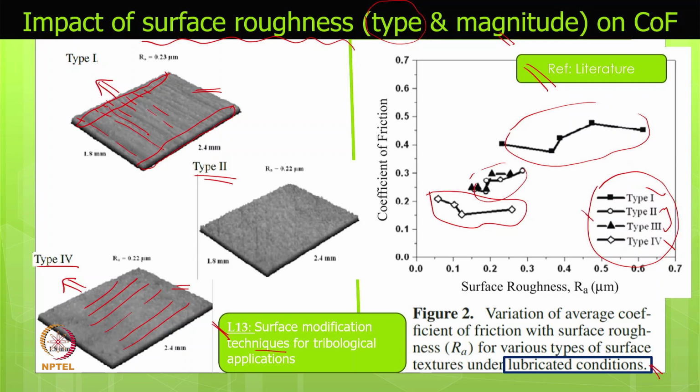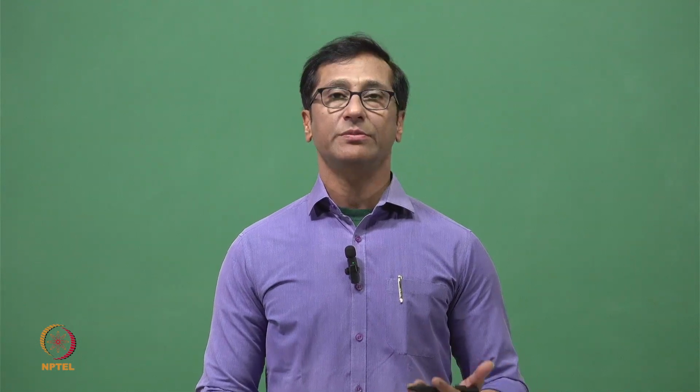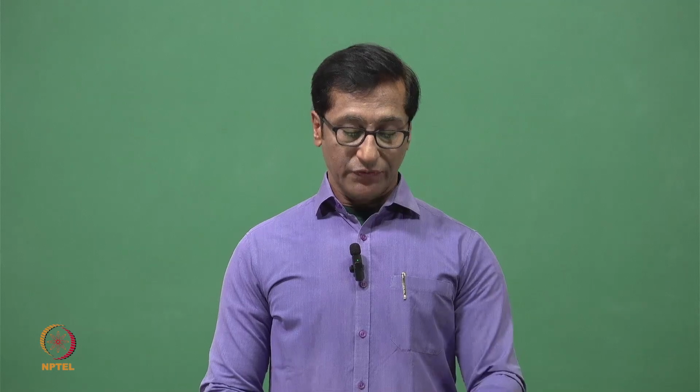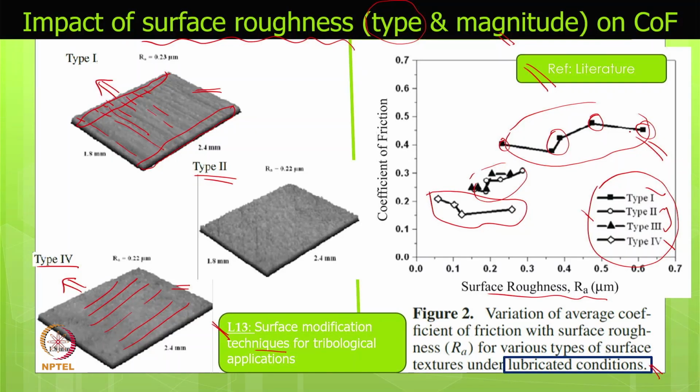It's not only this; we are also seeing the magnitude of the surface roughness. As the surface roughness goes to the higher side, we find some sort of random behavior, which means it is changing with time. Depending on the load situation, it may increase or decrease the coefficient of friction, so we may expect quite random behavior of the coefficient of friction. It may have some sort of range.